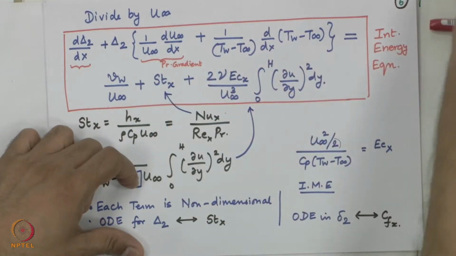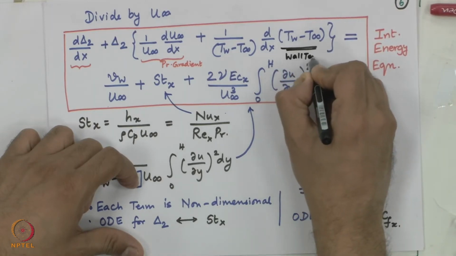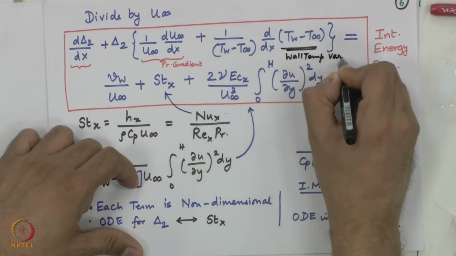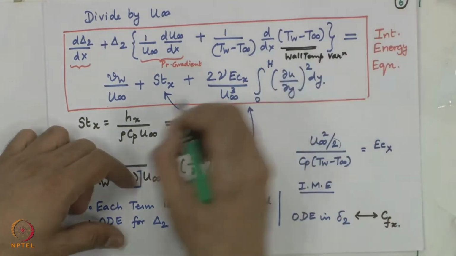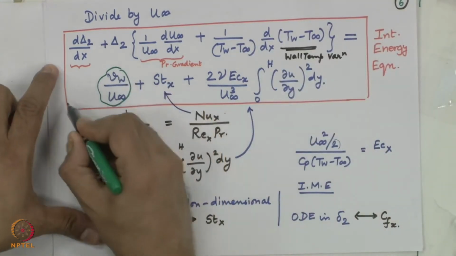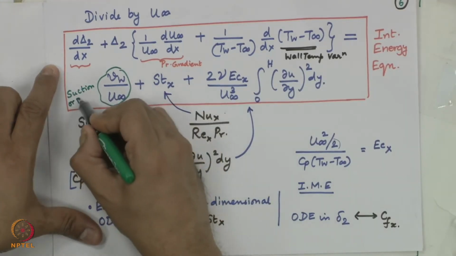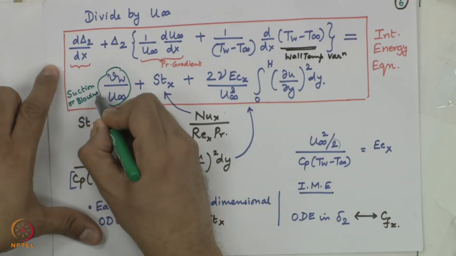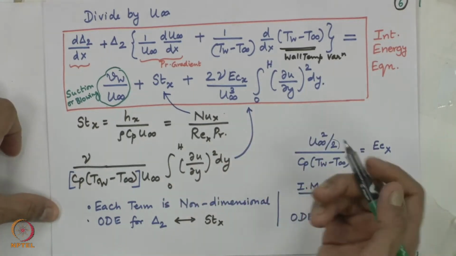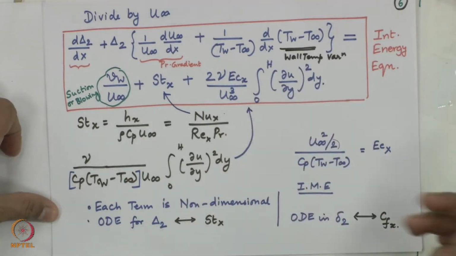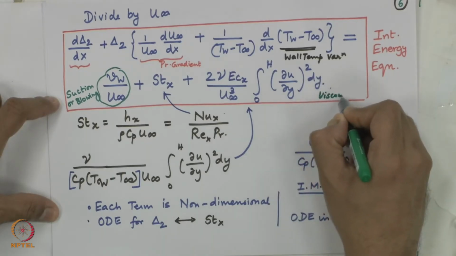This term is the wall temperature variation, straightforward, directly. This term is suction or blowing, where you have a velocity from the wall either into the plate or into the geometry, or velocity of the fluid being taken out. This term is your viscous dissipation term.